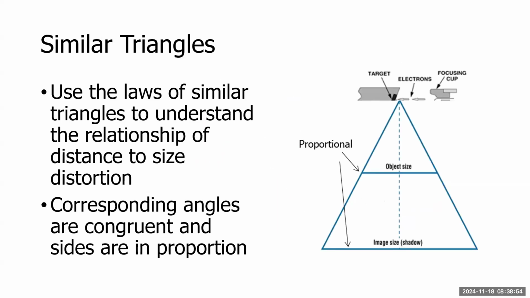With the law of similar triangles, this triangle right here and this triangle are going to have corresponding angles that are congruent and the sides are going to be proportional. So that's why we can use the law of similar triangles to determine how much magnification there is in an image relative to the true size of the object.